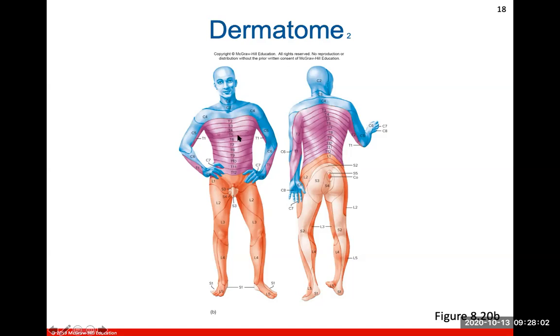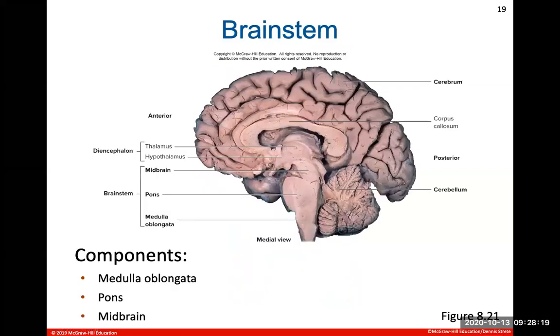So if you feel some sort of pain in the C5 dermatome in your right arm, that sensory information is coming from the spinal nerve in the C5 region of your spinal cord. So it's a really interesting way that scientists and medical professionals have been able to detect sensory information from the dermatome.